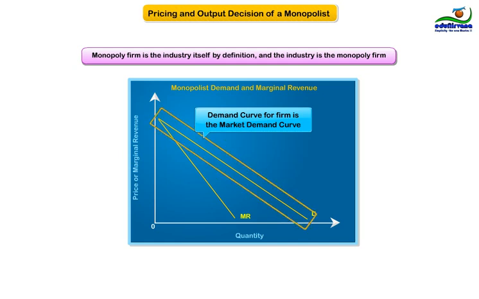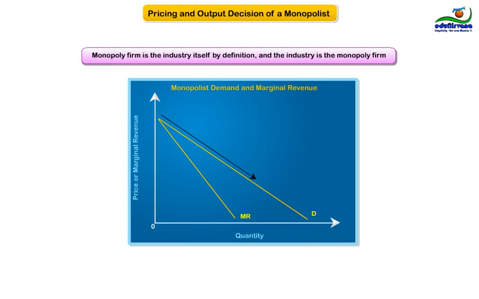Thus, the demand curve for the monopoly firm is the market demand curve, which is downward sloping. A downward sloping demand curve posits an inverse relationship between price and quantity demanded. More is sold at lower prices than at higher prices, ceteris paribus, that is, if all other things remain the same.